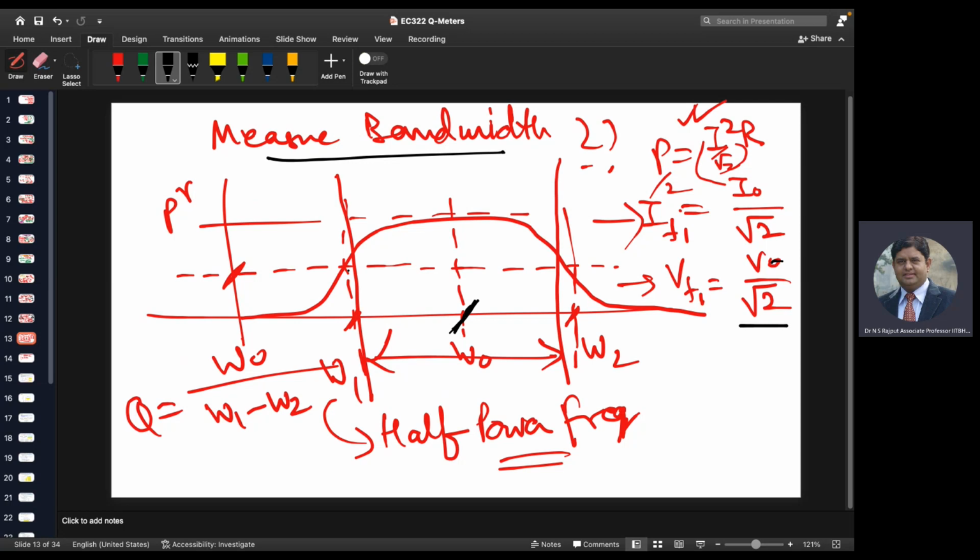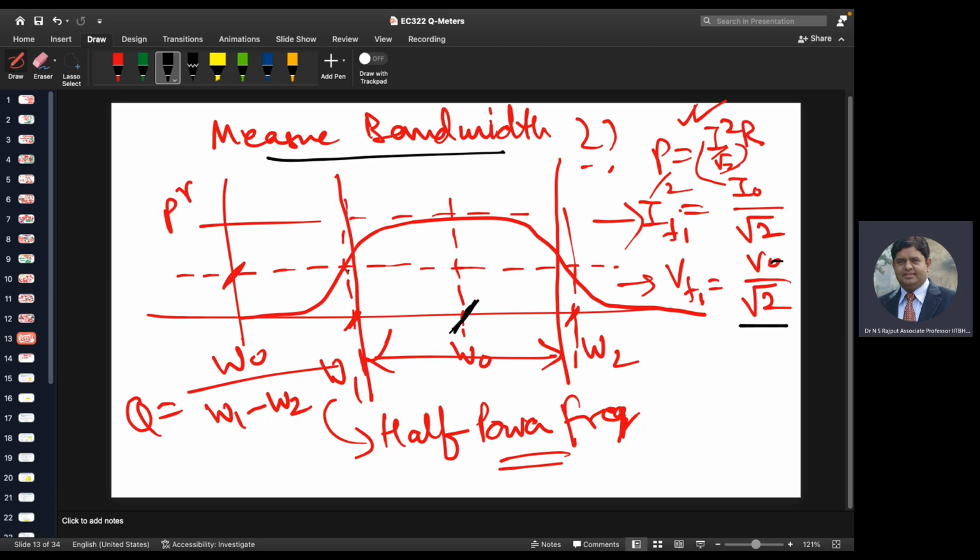So if the input power is P at resonance frequency omega naught or F naught, then if I keep on increasing the frequency beyond F naught, because of the higher frequency the output power will start decreasing, and the frequency at which the power decreases to half of the highest power is the higher cutoff frequency.